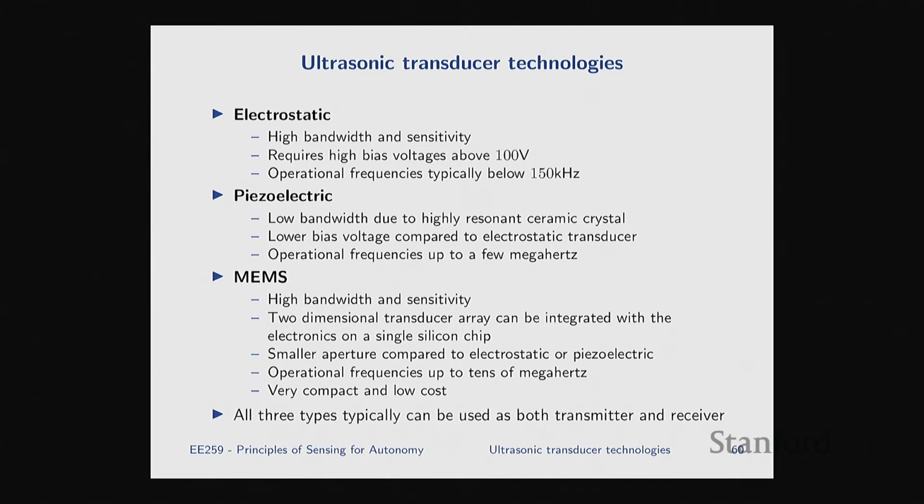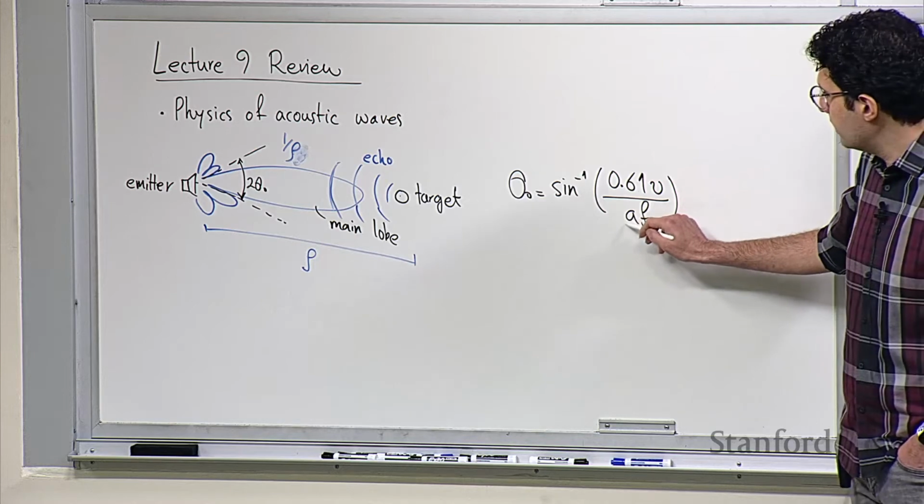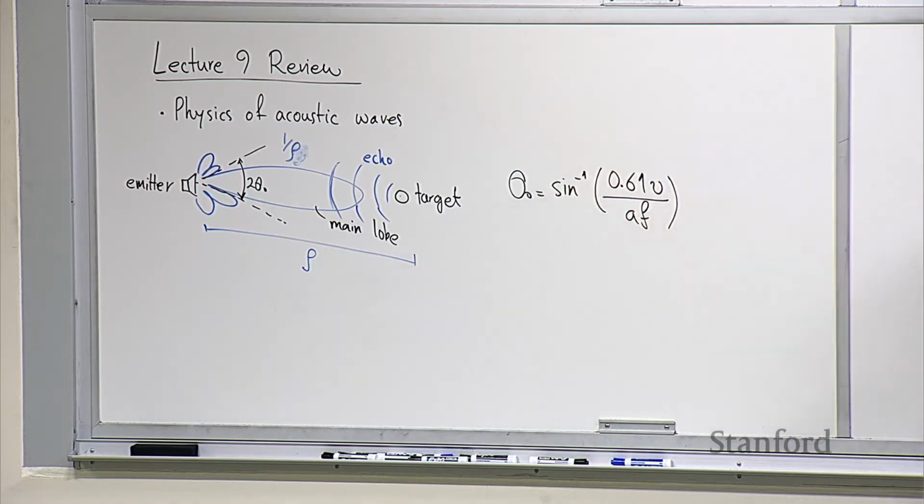The drawback is that in MEMS you cannot make very big apertures. Because of process limitations, you're limited to small apertures, which, as we know, limits your beam width. So with MEMS, you get a very small a, which means a very large theta 0.